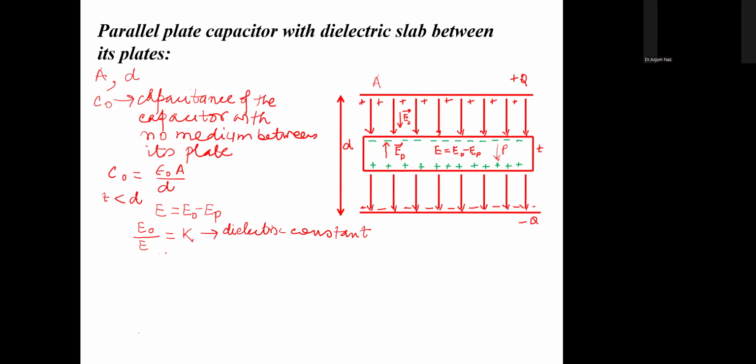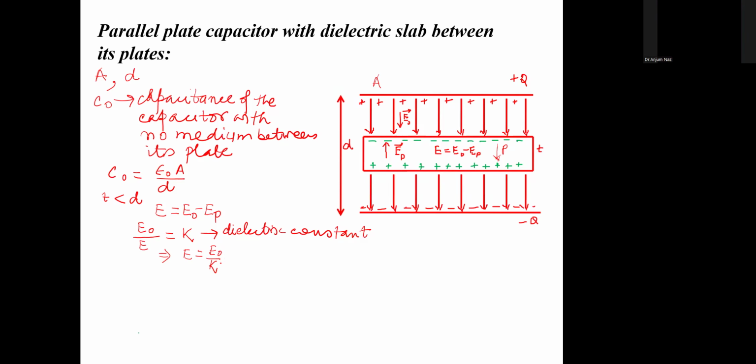So this implies that E is equal to E naught by K. It means that when a dielectric slab is placed in electric field, the field inside the dielectric gets reduced by a factor of K. That is, inside the dielectric, the field is E naught by K. E naught is the field outside the dielectric, and E is the field inside the dielectric, which is E naught by K.